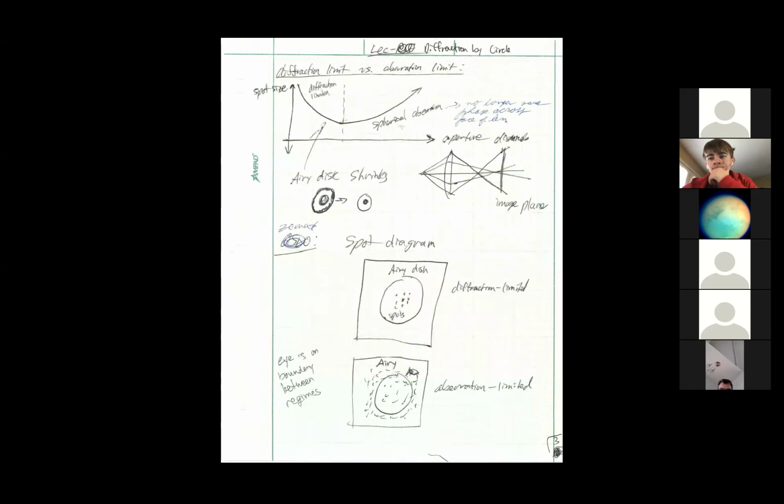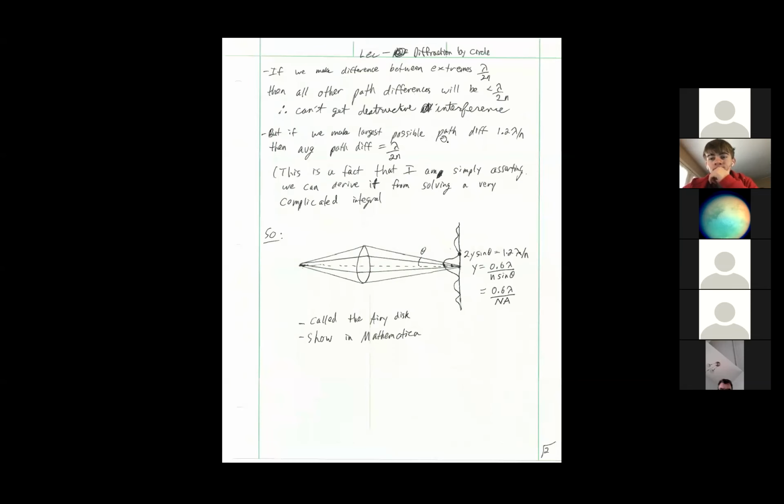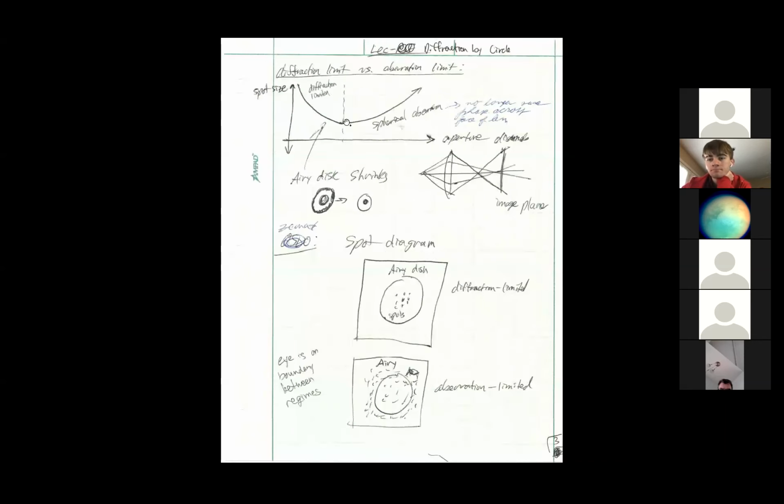All right, so let's talk a little more about those curves that you made on the last Zmax assignment. Here we graph spot size versus aperture diameter. As we change the aperture diameter, we're changing the numerical aperture in that denominator. So for a while, we're making the spot size smaller.